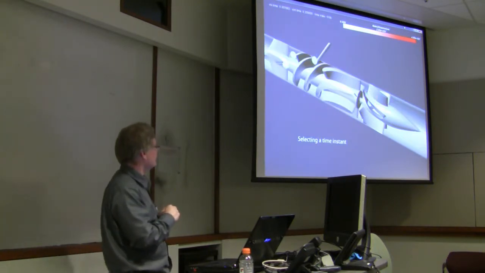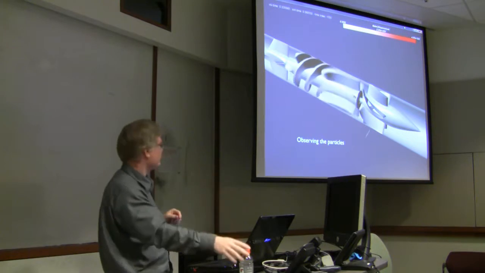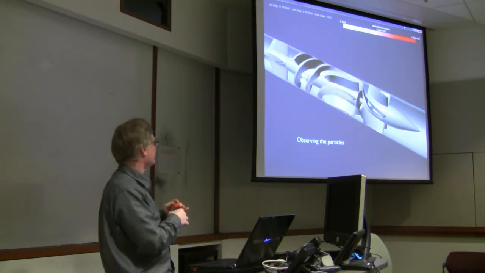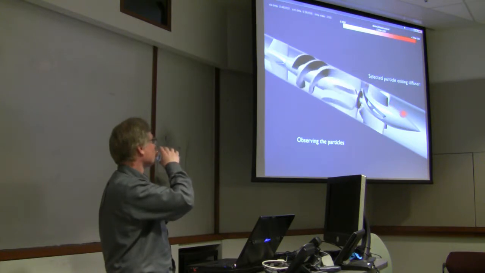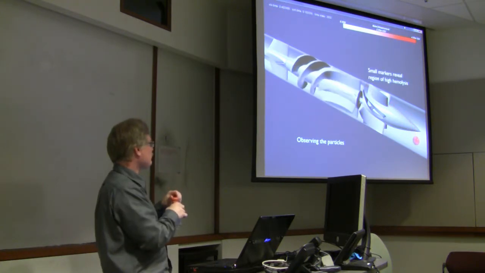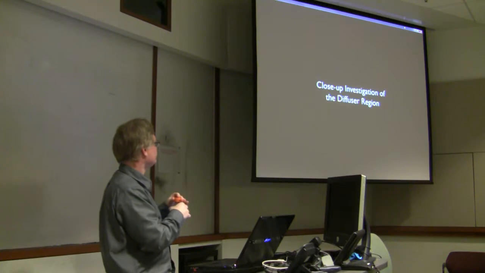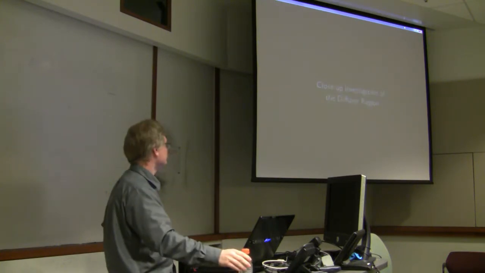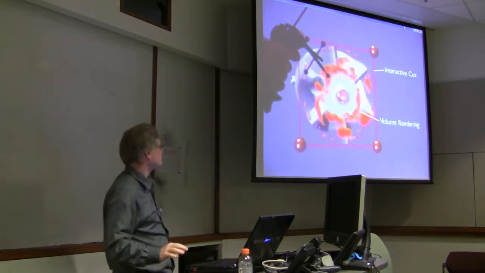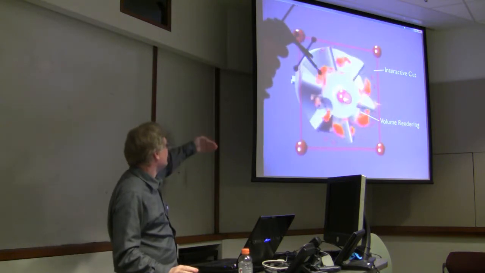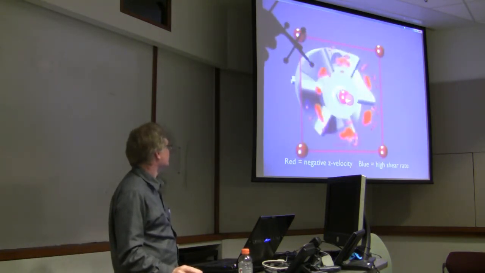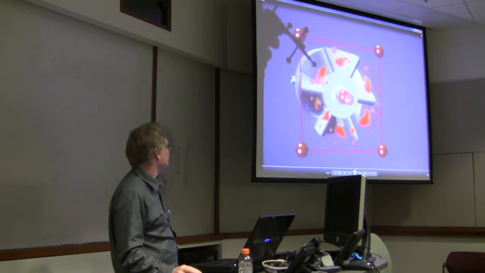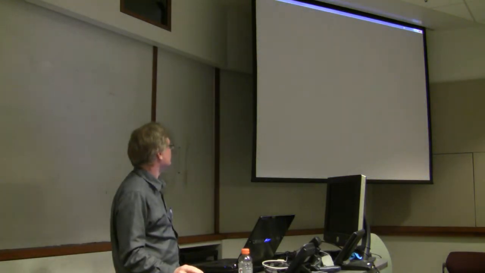You can also look at streamlines of how flow happens through the impeller at a particular time step. All right, so here they've done a slice through to show you the regions as well.